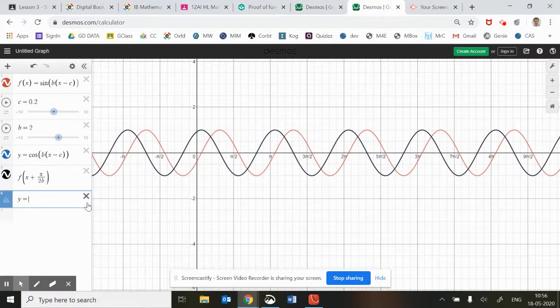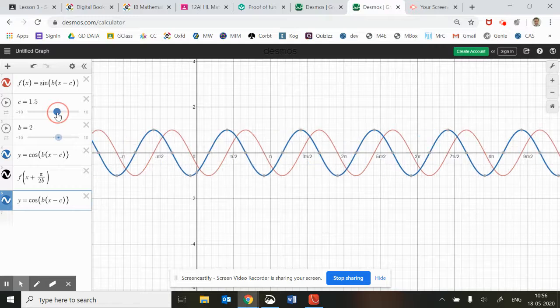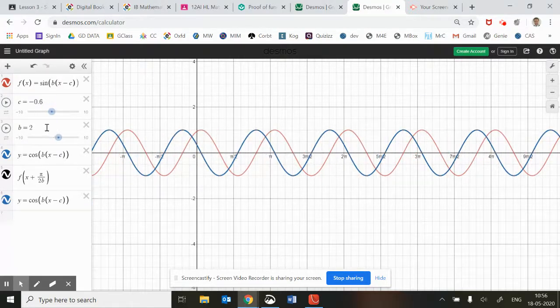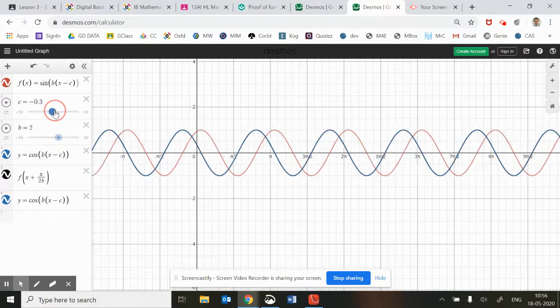Let's put in y equals cos of b, and then let's do x minus c, brackets, and you can see that the black graph is the same as the blue graph here. In other words, it doesn't make any difference having that minus c inside, because that's just pushing it backwards and forwards, but there's the same distance between them. The distance between them is defined by the stretch, not by the transformation. Sorry, translation. Okay, so those two you can see are going in the same direction.